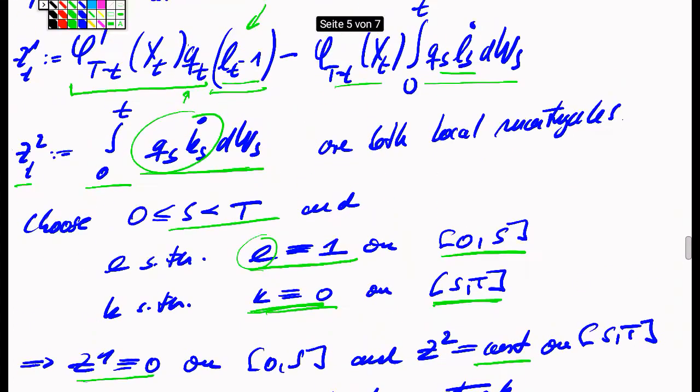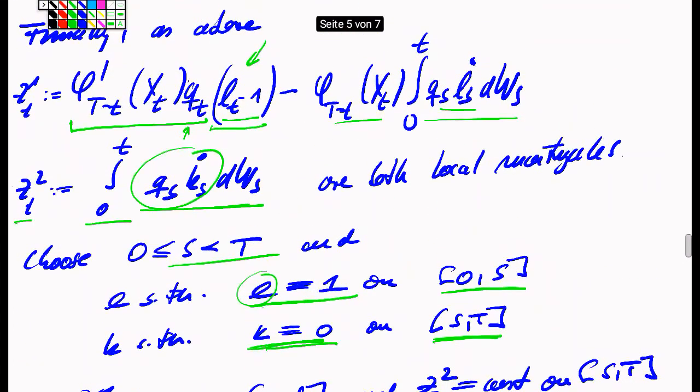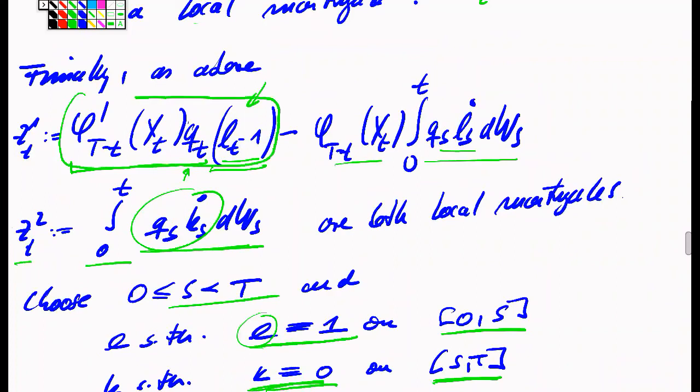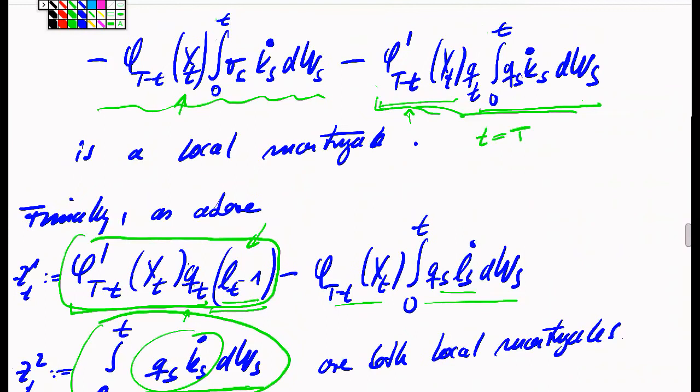That's very good news, because if we now take the product of the two, we see that the product of the first summand of the Z1 with the second summand contains a part. If we factor out this Qt, it contains a part which is exactly this product of these two martingales.